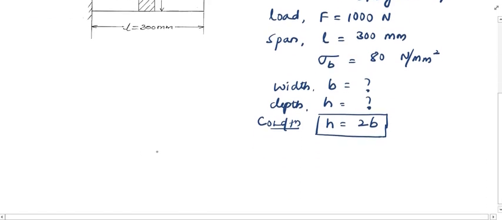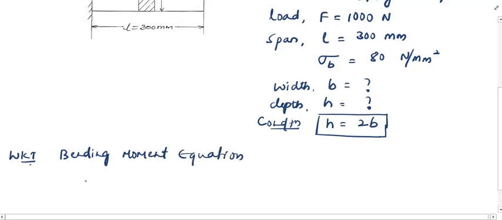So first we should know the bending equation. So let me write. We know that the bending equation is given by MB over I is equal to sigma B by C is equal to E by R. In this complete equation, we will not be using the capital E, the Young's modulus of the material, and the radius of curvature, as they are not given.